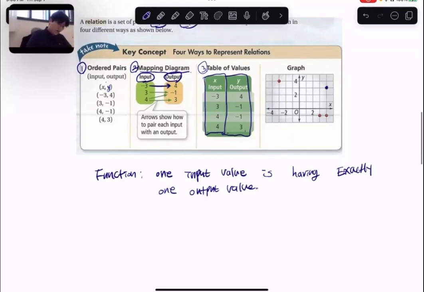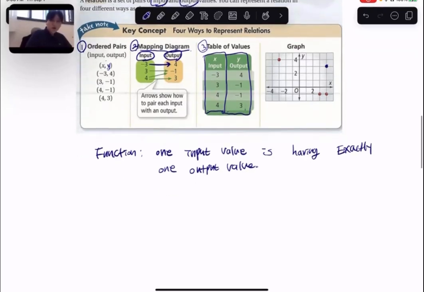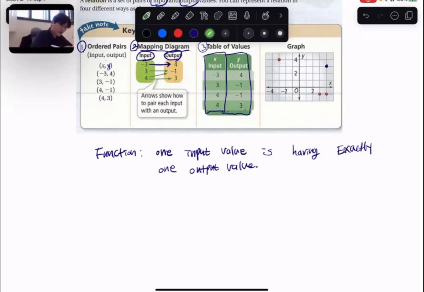So when we talk about functions, maybe you can think that just one input value goes to an output value, then everything is a function, but it's actually not. So let's talk about the input value first. One input value, we can sometimes express as the domain.